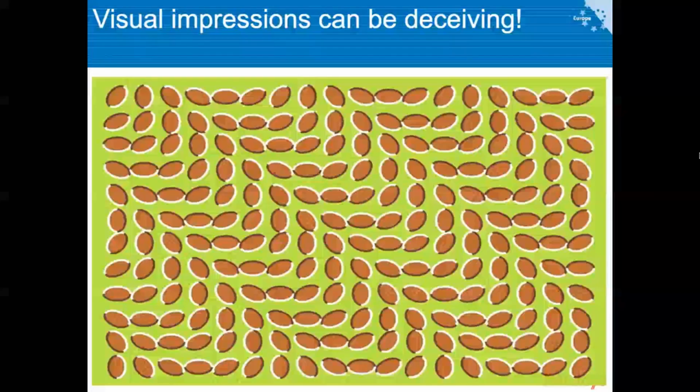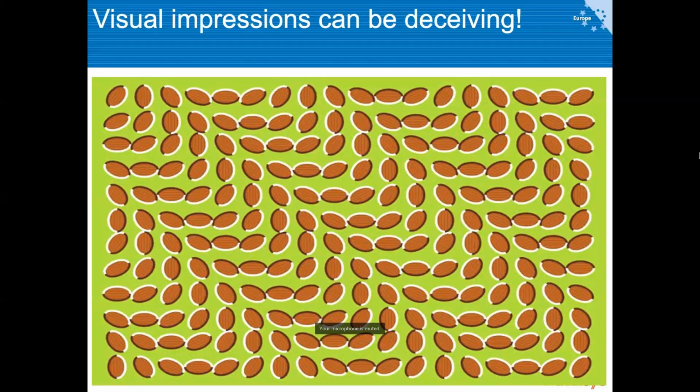I guess you all are aware of this image. It's an optical image, actually a still image, but because of certain optical tricks, it looks like it's waving. So visual impression can be very unreliable in many cases.